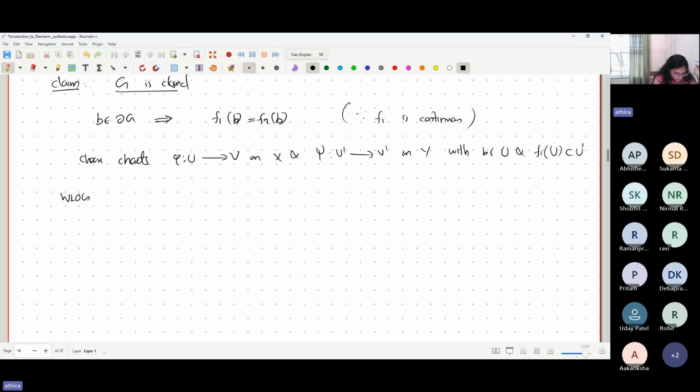Without loss of generality, assume that U is connected.